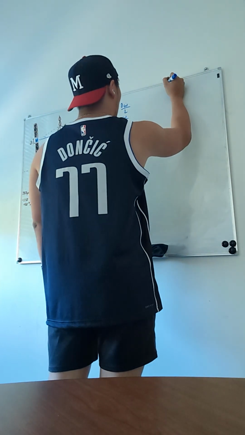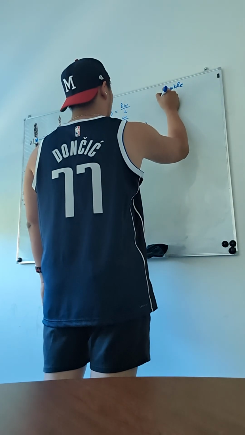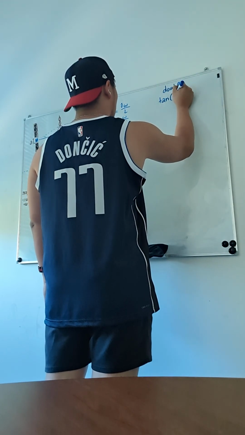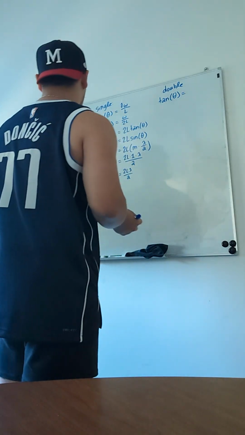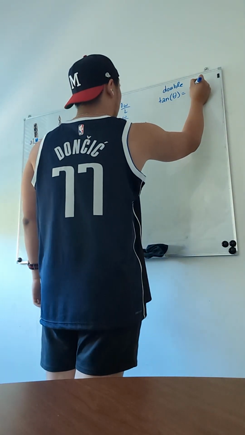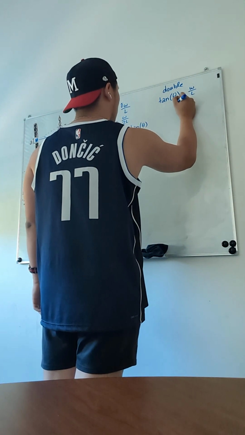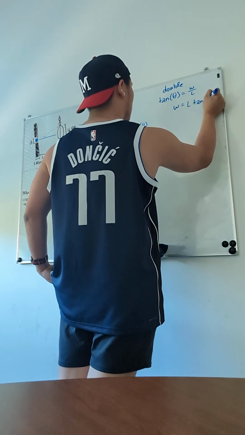Now let's look at the double. Double, same idea. Tangent theta is equal to the height, which in this case is the whole thing, over the same length. So we can isolate very easily with W equals L tan theta. Same idea.